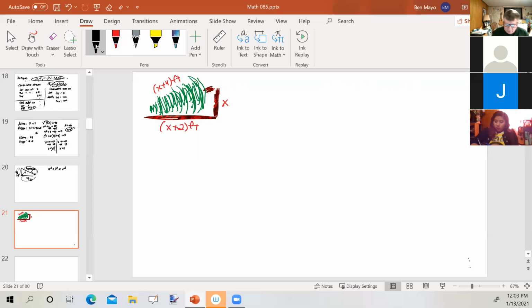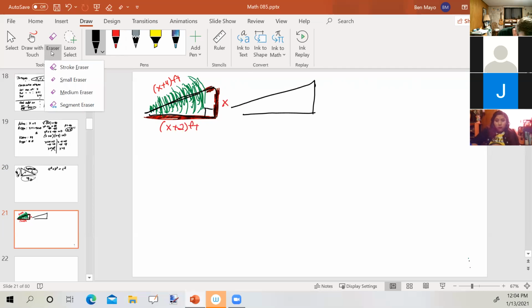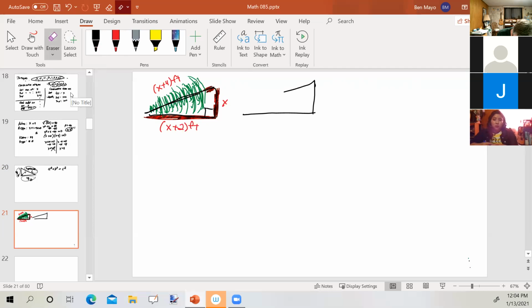Now, what I want to point out is that this piece of tree trunk that's still standing, and then this piece of the tree that's broken and is hitting the ground is forming a right triangle. So what we've actually got there, whoops, is a lousy drawing. Okay, let's see if I can do a better job than that, maybe.